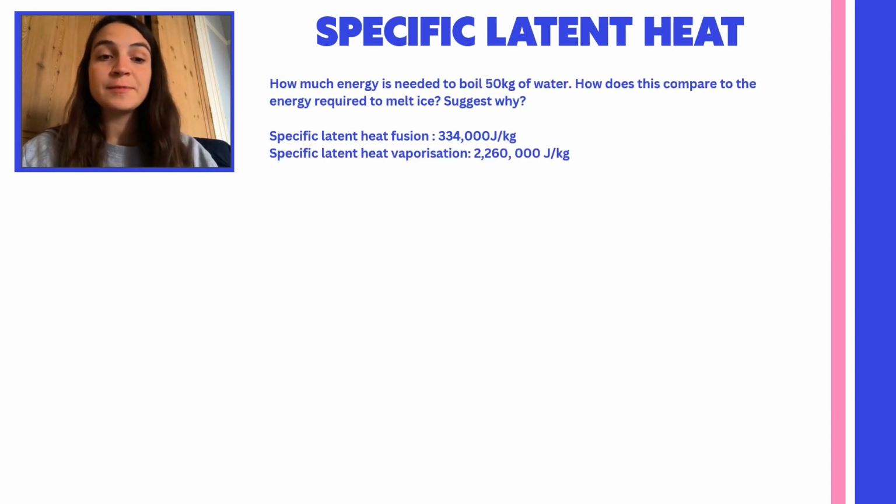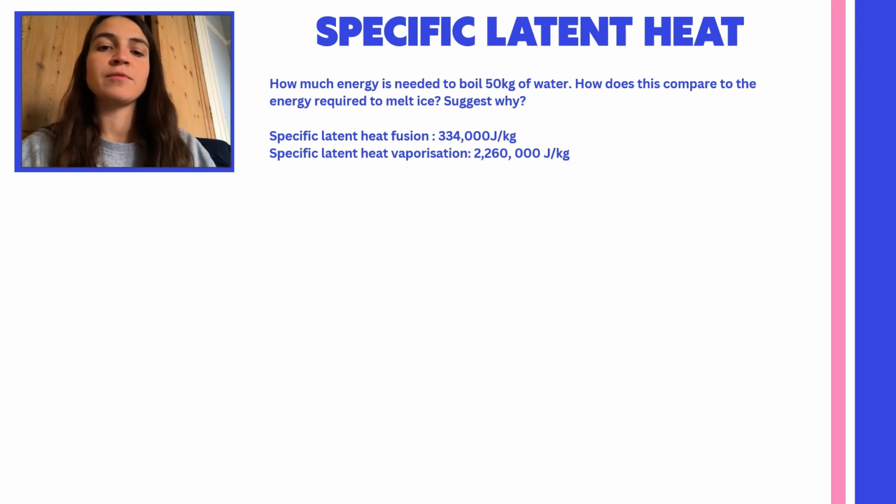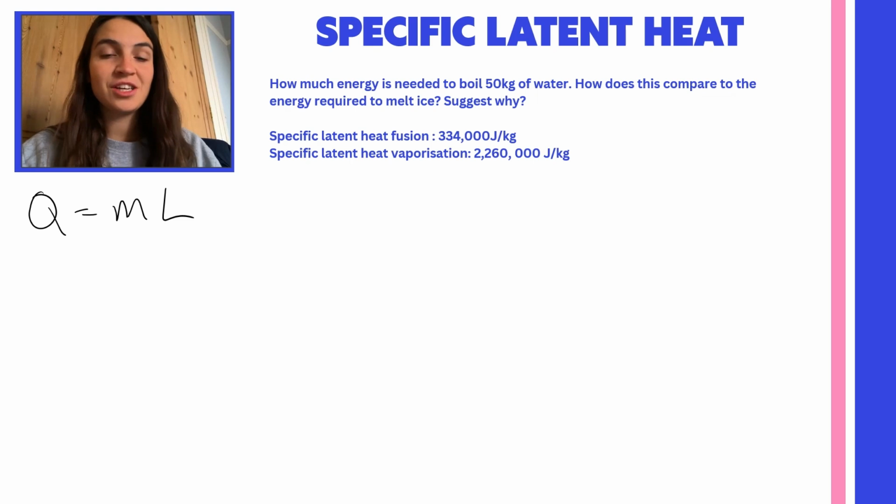Okay, now on to specific latent heat. How much energy is needed to boil 50 kilograms of water, and how does this compare to the energy required to melt ice? Suggest why. So your energy, Q, is mass times L. So in order to boil water, let's do that one first.